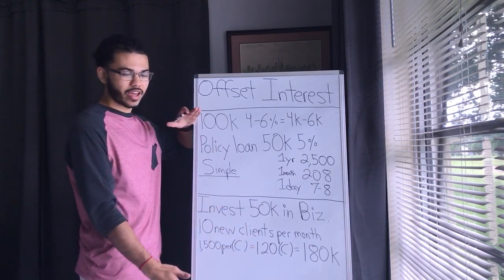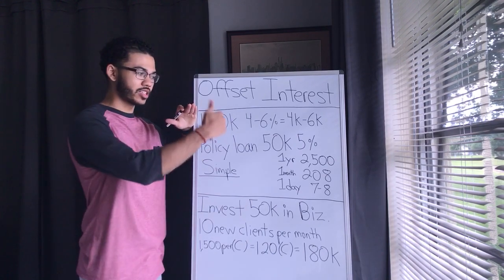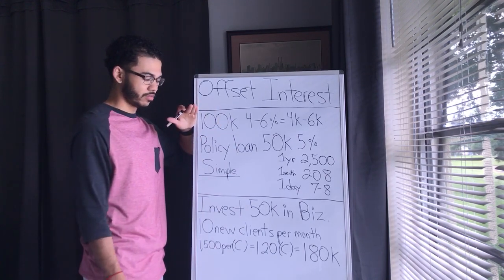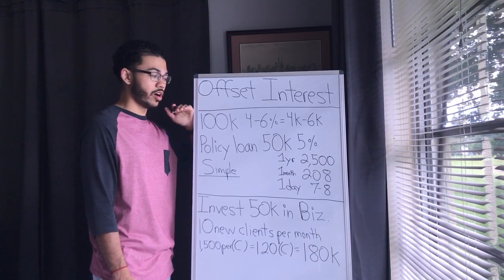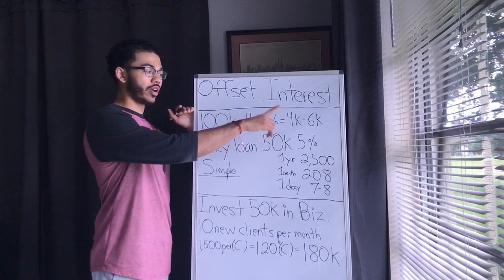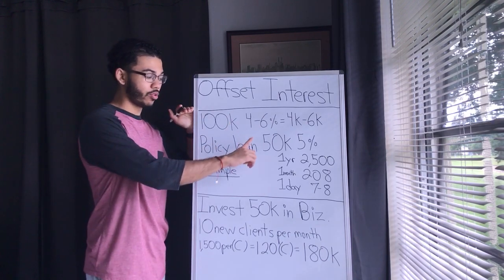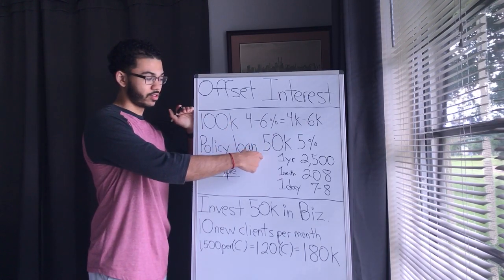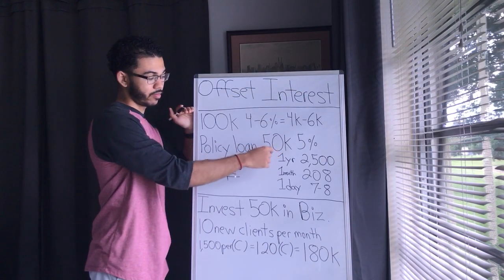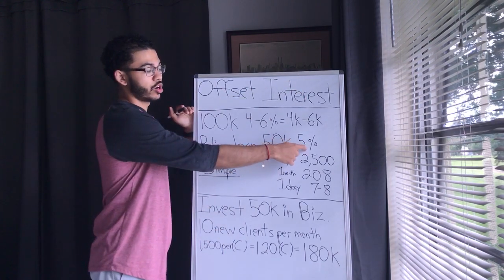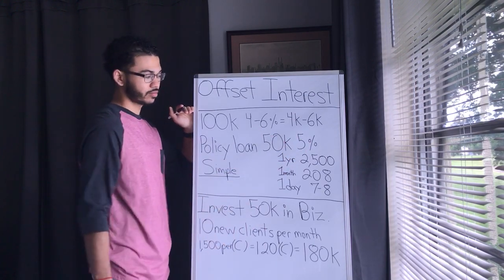They have a debt of 50K inside of their policy, right? They still have 100 grand growing at 4 to 6%, even though they borrowed 50. Okay, what happened is the insurance company gave them 50 grand and is charging them 5%.